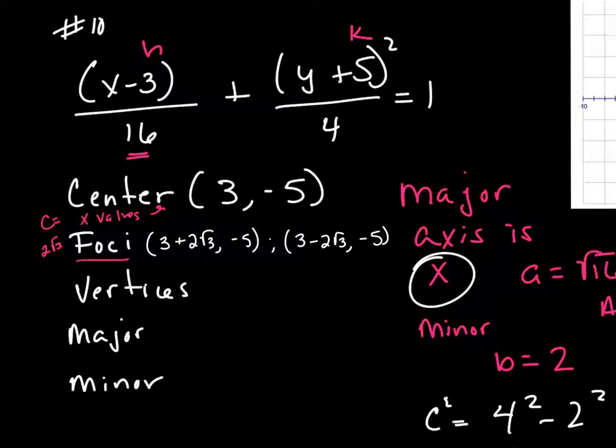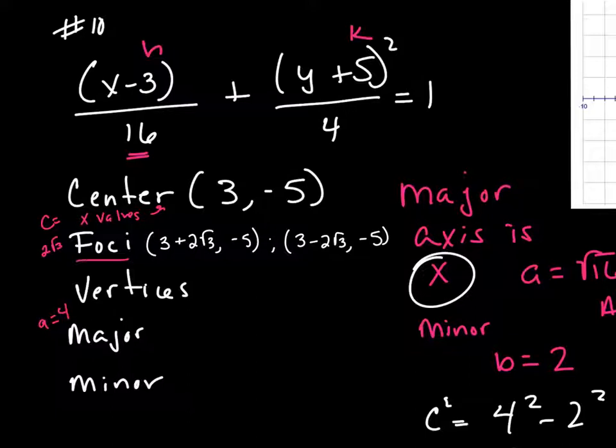We do the same thing for the vertices. Again, y stays the same, but the vertices change around a. So my a value in this case was equal to 4.